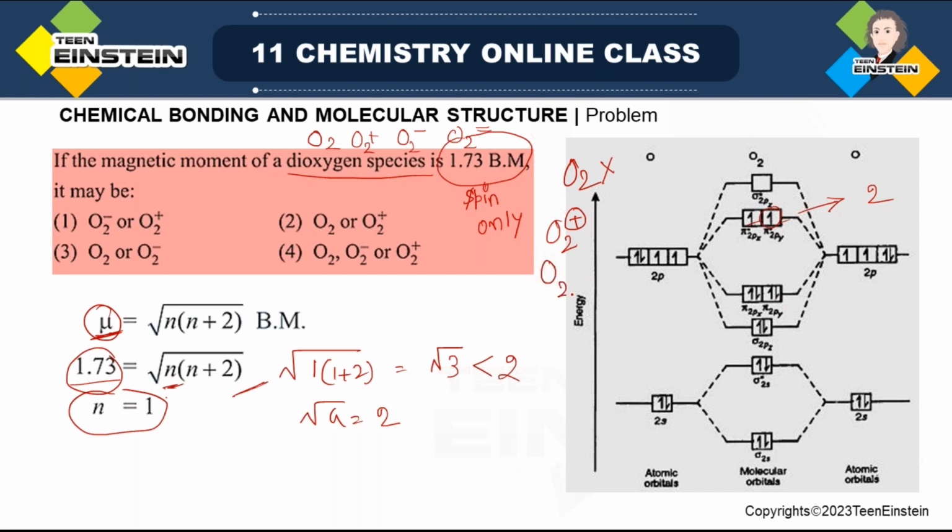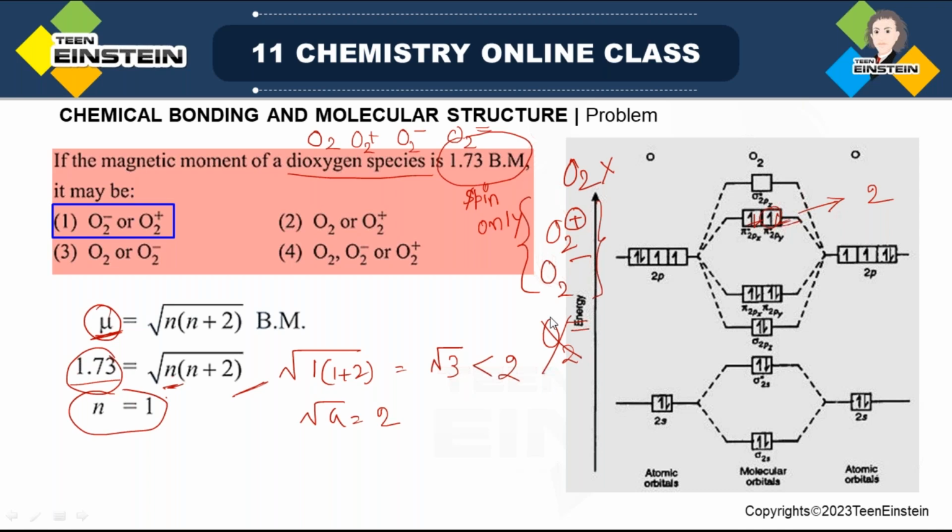It is also true for O2 minus, because now you are adding 1 more electron, but still there is 1 unpaired electron. But it cannot be true for O2 2 minus. Why? Because now there is no unpaired electron. So only for these two species can we say that this value of magnetic moment, 1.73, is possible. And you can get this in the first option, isn't it? So this is the correct option.